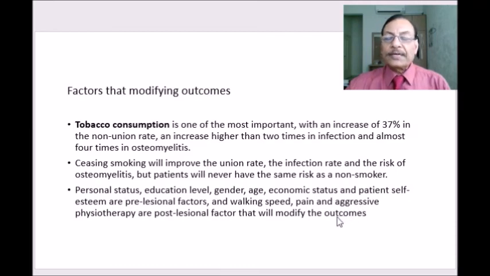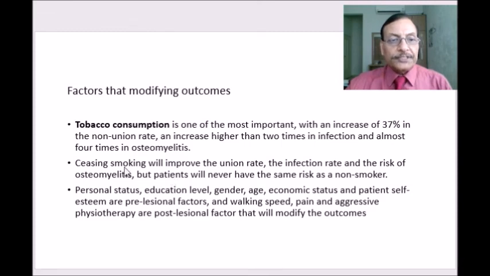And what are the factors that can modify the final outcome? Most glaring and important is tobacco consumption. Tobacco consumption is one of the most important, with an increase of 37% in the non-union rate, an increase of more than 2 times in infection, and almost 4 times in osteomyelitis.